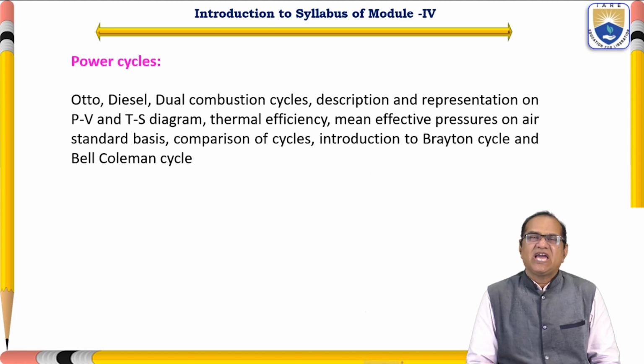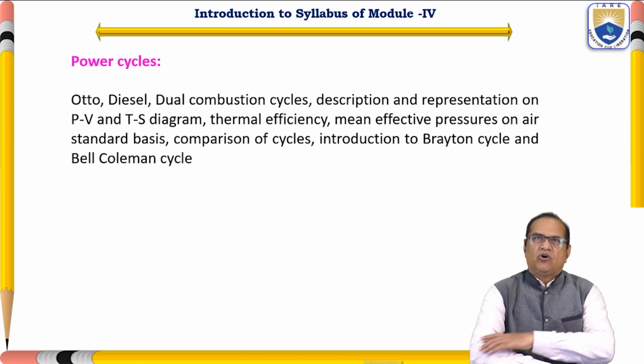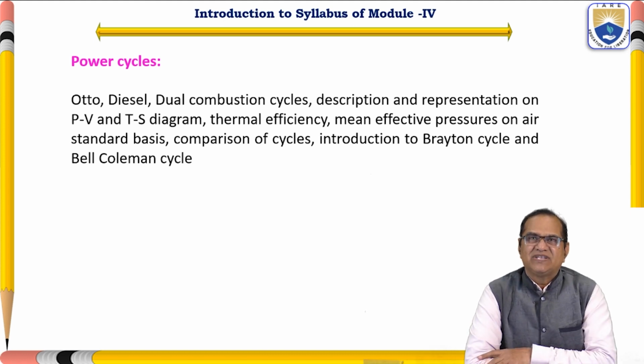As per the syllabus, we have these cycles. First one is the Otto cycle, second one is the diesel cycle, then the dual combustion cycle, description and representation on PV and TS diagram, thermal efficiency, mean effective pressure on air standard basis, then comparison of cycles, and last is introduction to the Brayton cycle and the Bell-Coleman cycle.